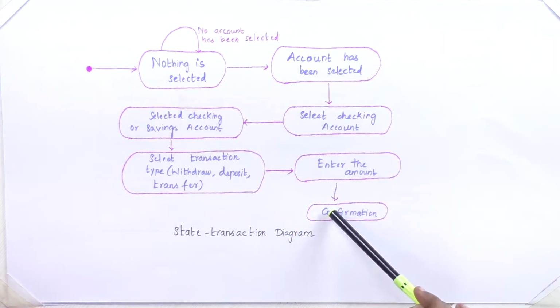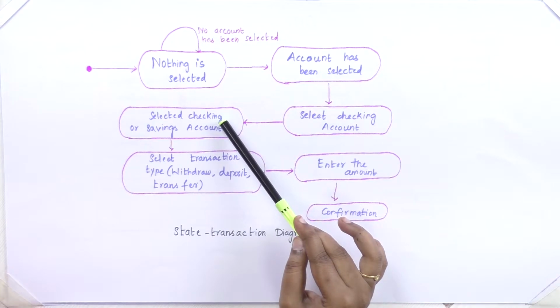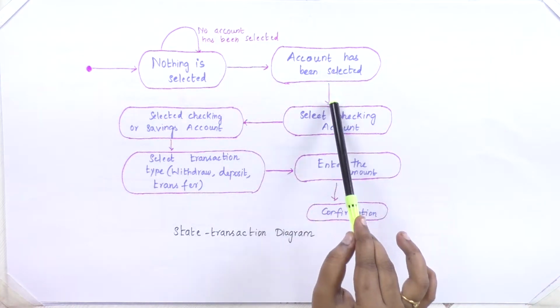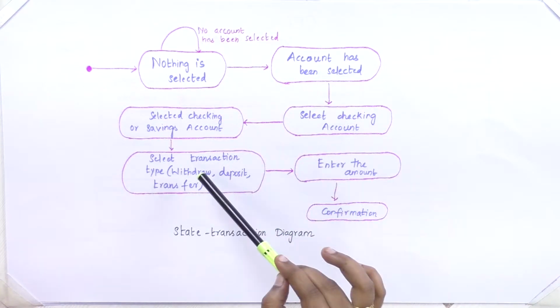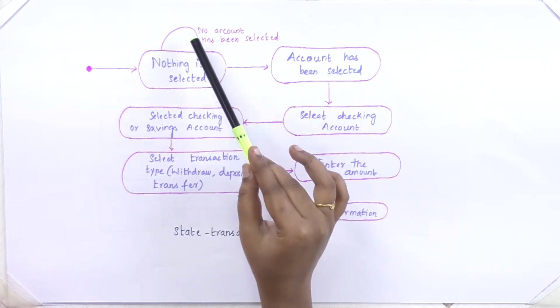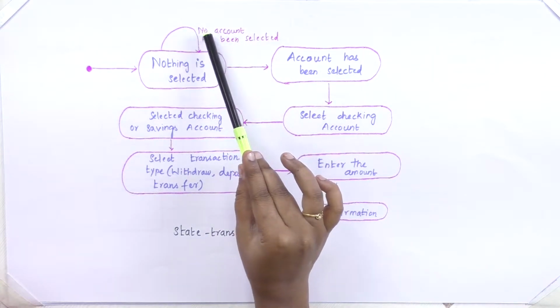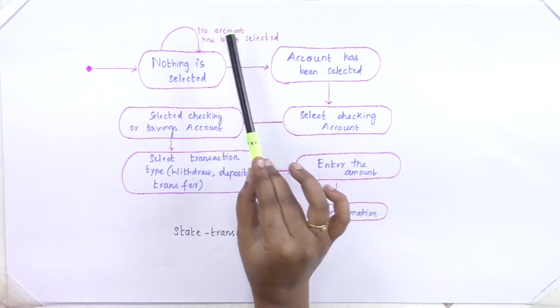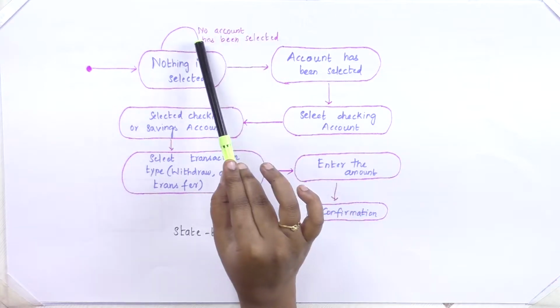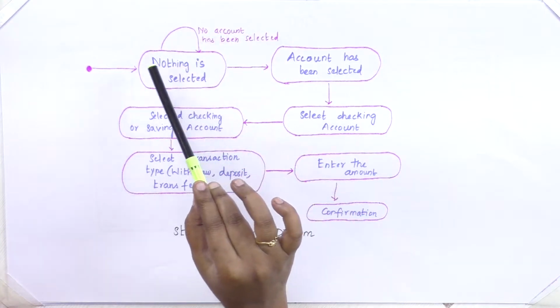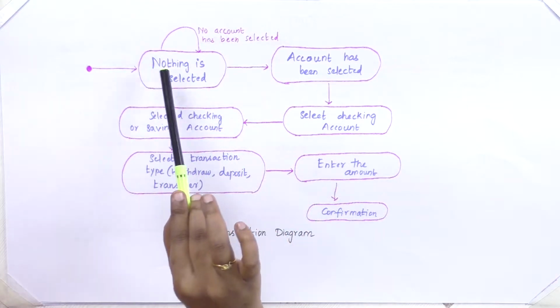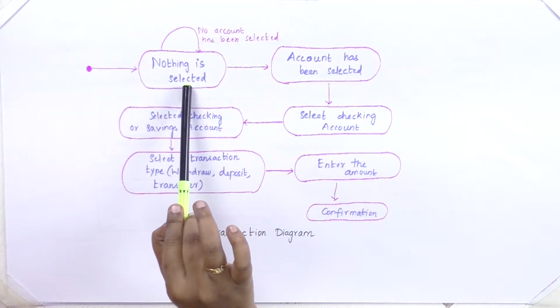These boxes represent states in my system, and the arrow marks imply the transitions that take place in the system. For example, if the event is that no account has been selected, there may be no transition, so the state will not change. The state will remain as the nothing selected state.